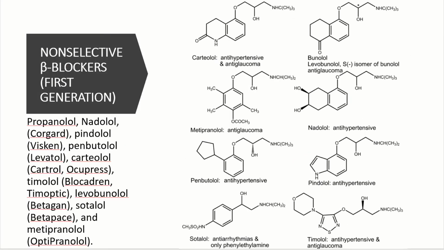All right, so we're just going to look at some examples of first generation, second generation, and third generation beta blockers. The first generation beta blockers were non-selective. So propranolol, nadolol, all of these are first generation non-selective.